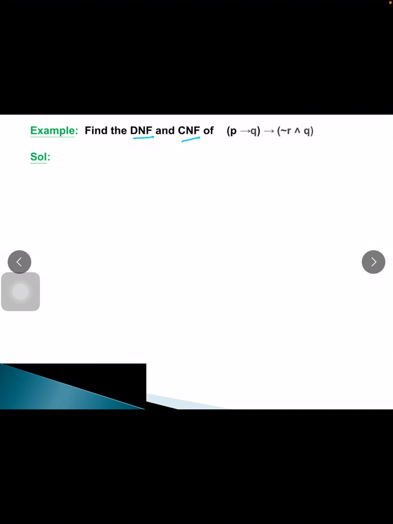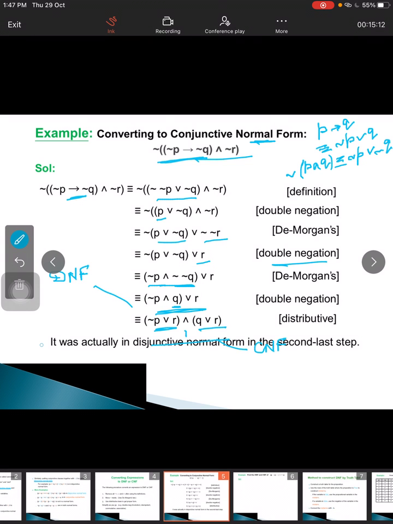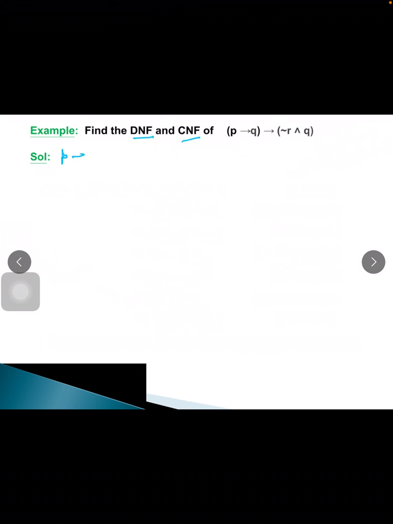First, our expression here is P implies Q, and this implies negation R and Q. So now this is equivalent to, first we apply the definition of implication.